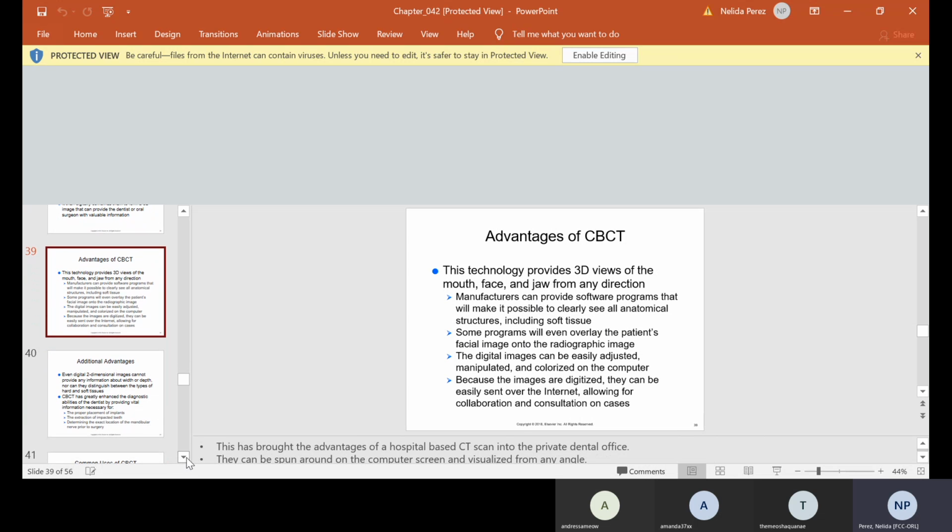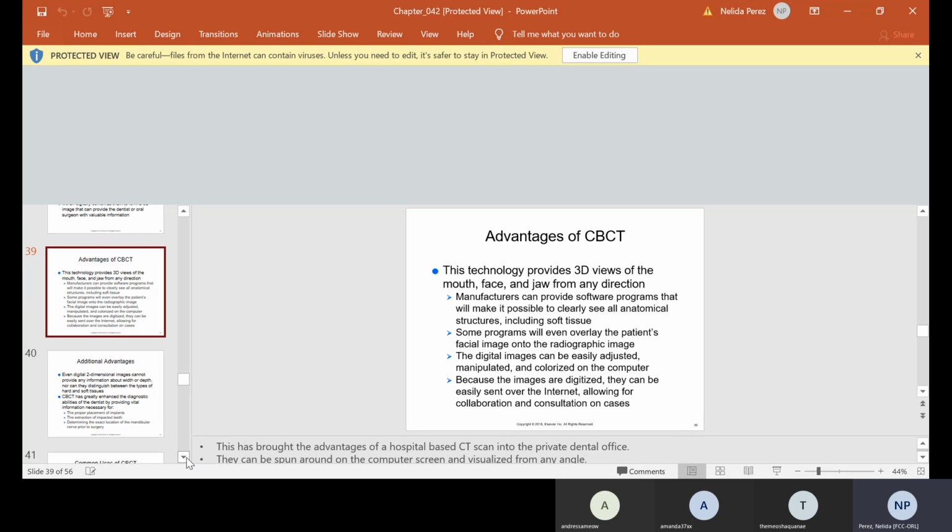Now, the advantages of the CBCT: it provides a 3D view of the mouth, face, and jaw from any direction. The manufacturers can provide software programs that will make it possible to clearly see all anatomical structures, including soft tissue. Some programs will even overlay the patient's facial image onto the radiographic image. The digital images can be easily adjusted, manipulated, and colorized on the computer.